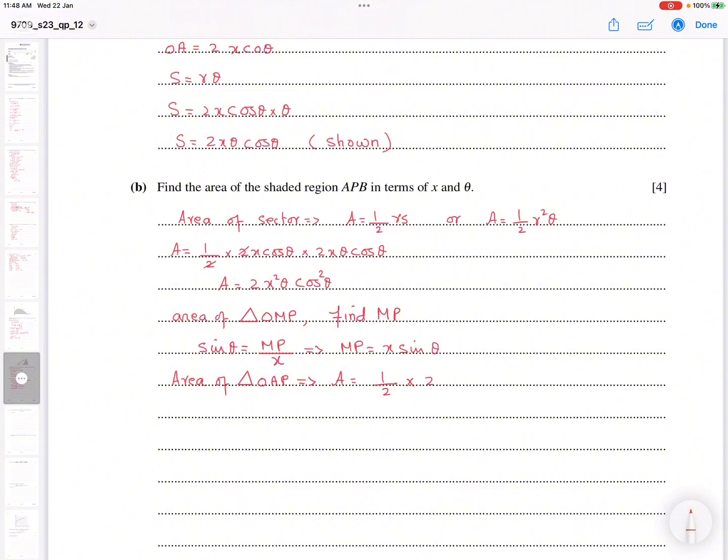Our base was the whole radius, 2x cos theta, times height x sine theta. So these 2's are gone. So area would be equal to x square sine theta cos theta.